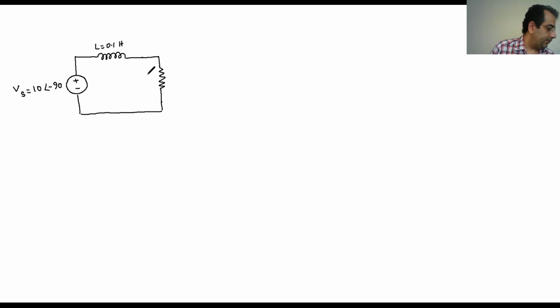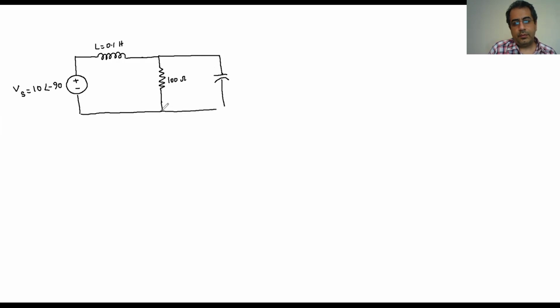So it's going to be 100 ohm, and then there is a capacitance here with C is going to be 10 microfarad.